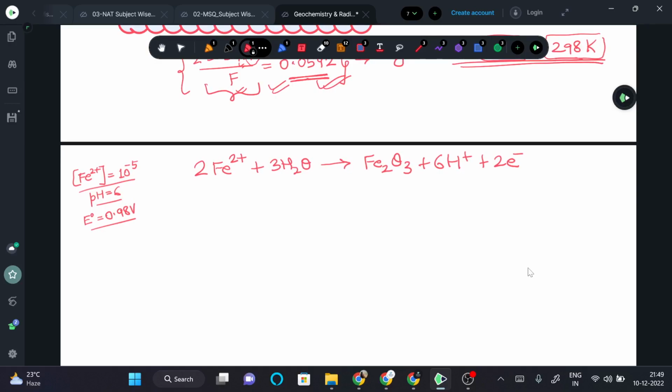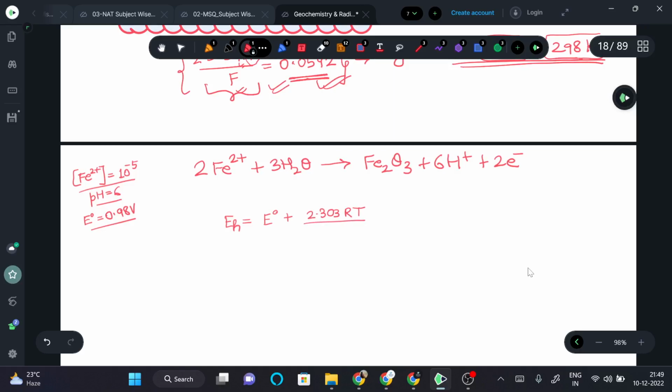So now let's get back to the reaction. The Nernst equation, we had EH is equal to, I will write it again over here so that you don't get confused. It was 2.303 RT by NF. N is a factor that includes the exponent parts, like these parts in the reaction. Okay, so we'll calculate N using these parts.